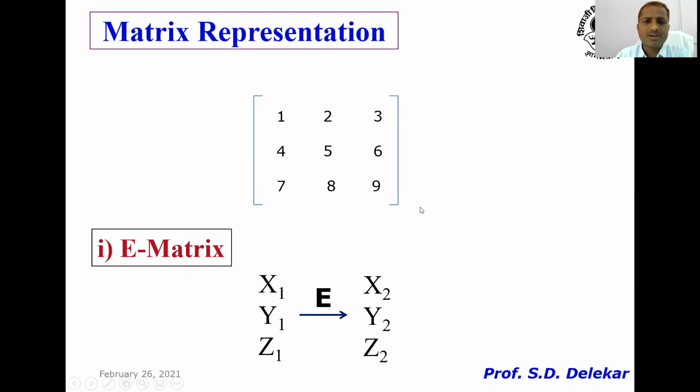This matrix has order 3:3, so 3 rows and 3 columns. There are various types of matrices. You might know the unit matrix, which has 1, 0, 0, 0, 1, 0, 0, 0, 1.